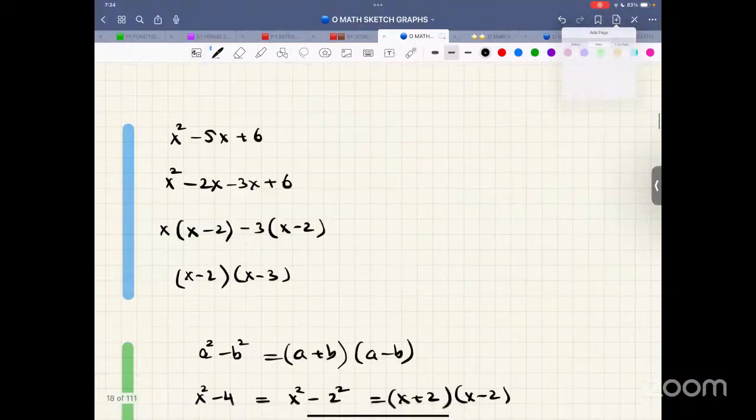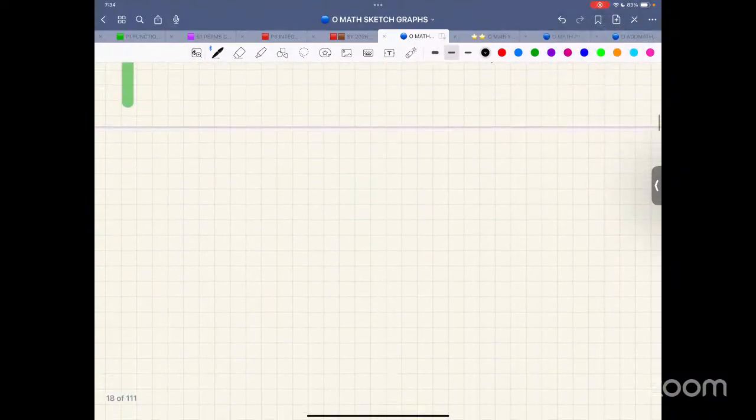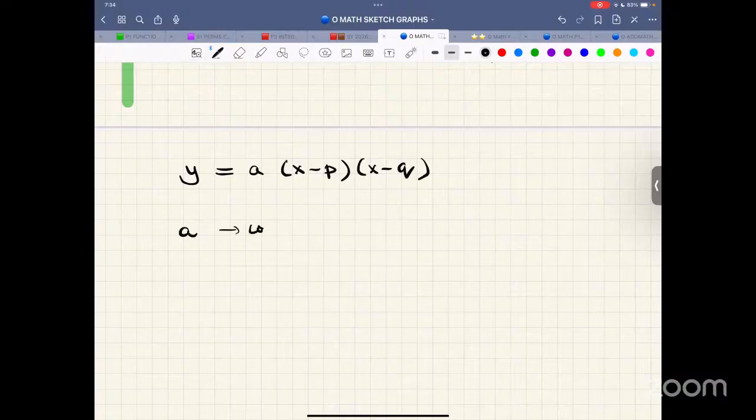Now, can I sketch these? The answer is yes. y is equal to a, x minus p, x minus q. a is the coefficient of x squared. If a is positive, that's the shape.